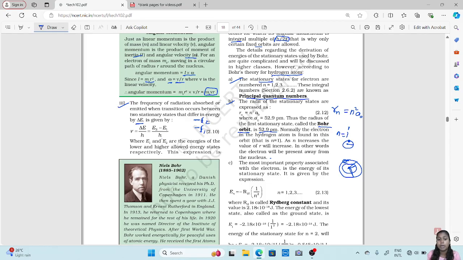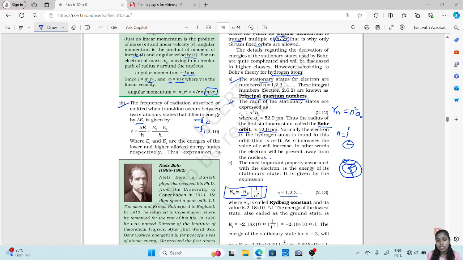It is given by the expression En = -RH multiplied by 1 by n squared, where n is 1, 2, 3. So it takes integral numbers, the principal quantum number.